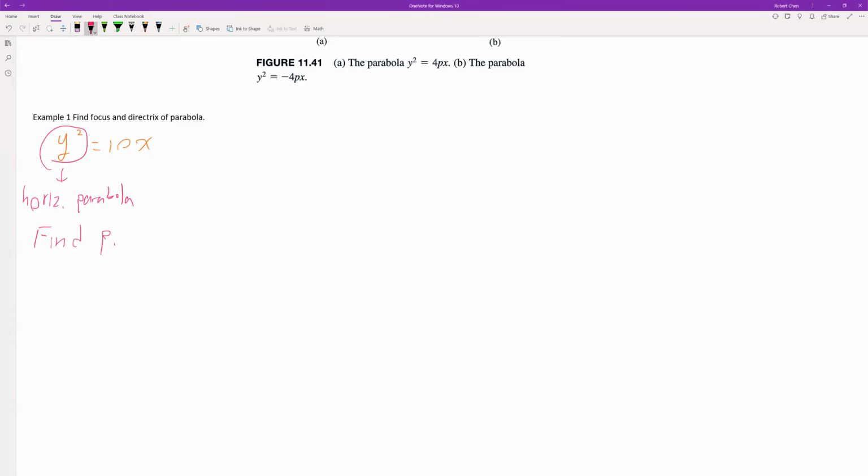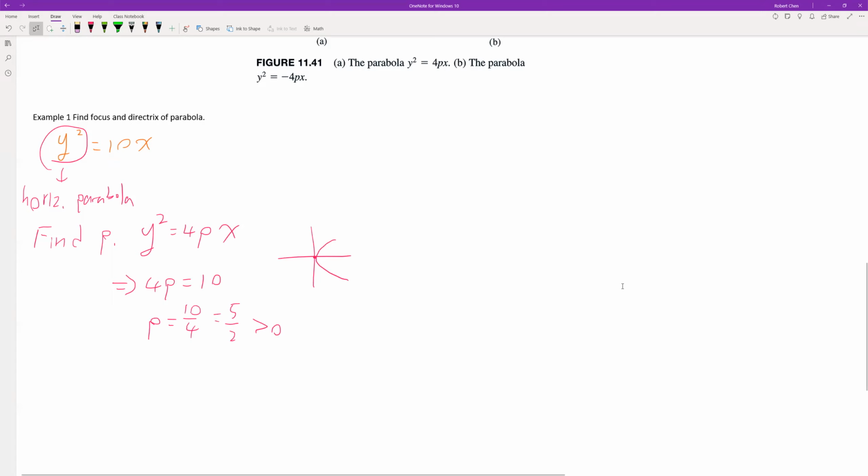Okay, so we know that the standard form is y squared equals 4px. All right, so in this case, we can say that 4p is equal to 10. That means p is 10 over 4, which is just 5 over 2. And that's positive, right? So a positive p means we have a parabola that's opening to the right, with vertex at 0, 0.